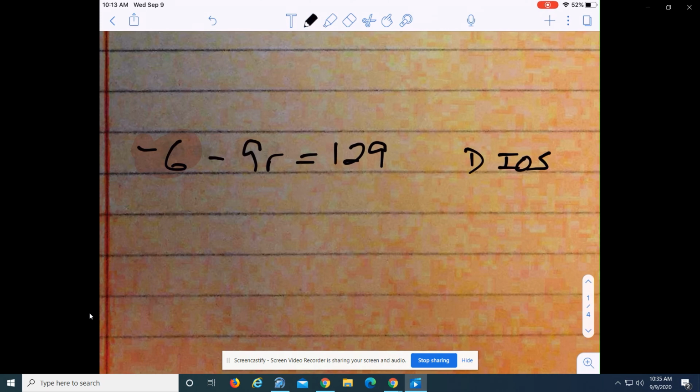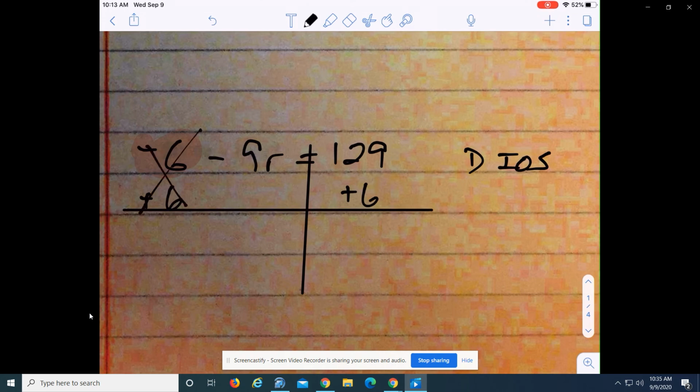Because it says negative 6, I'm going to do plus 6 on both sides of the equal sign. So what happens is the 6's cancel, negative 9r drops down, equal sign drops down, and 129 plus 6 is 135.